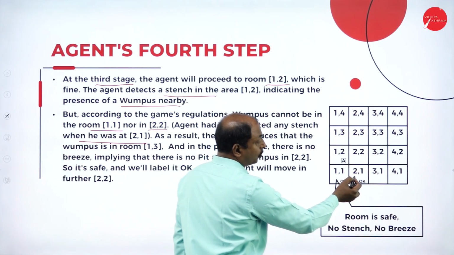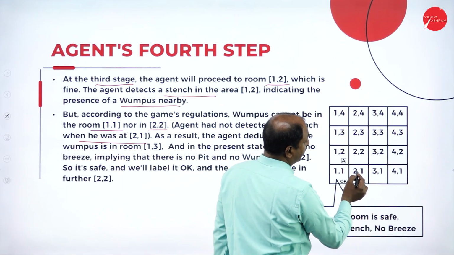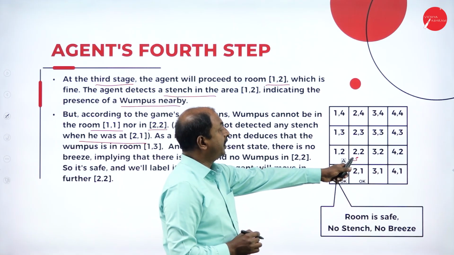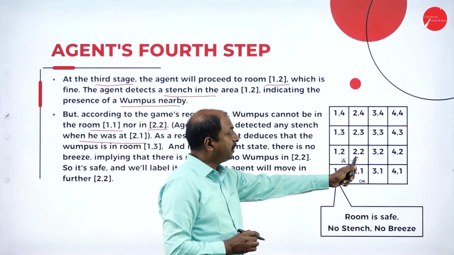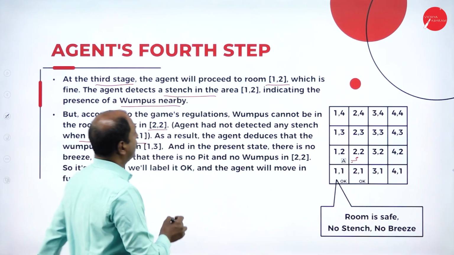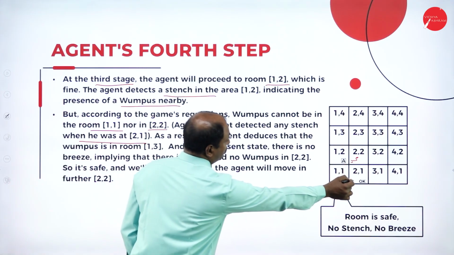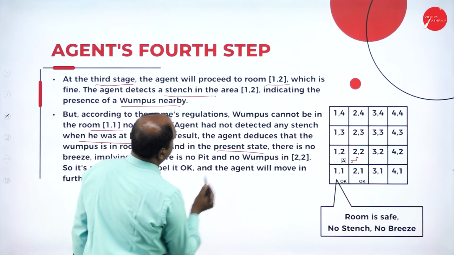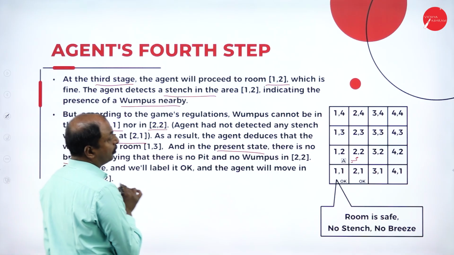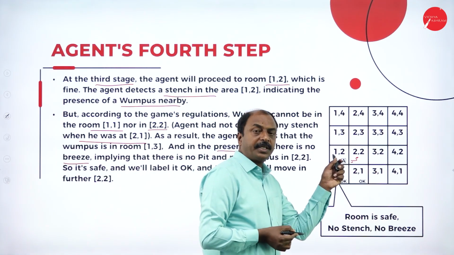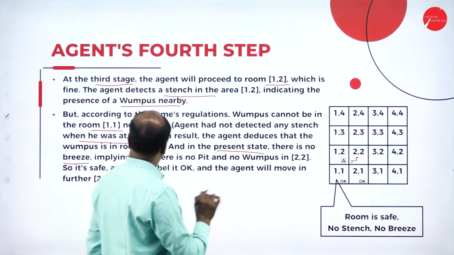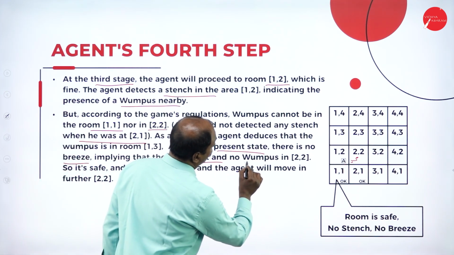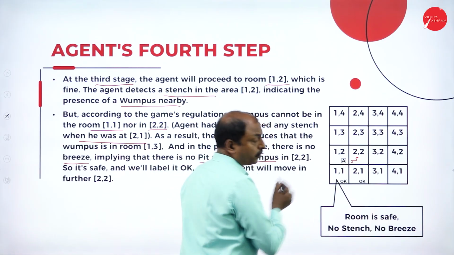When he was in 2, 1, he did not detect any stench, so no stench means there is no wumpus nearby. Now, in the present state, there is no breeze. At this stage 1, 2, there is no breeze, implying that there is no pit and no wumpus in 2, 2.